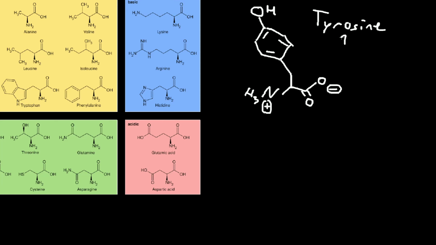Tyrosine has an OH in it, and similarly, tyrosine can be phosphorylated, and the phosphorylation is important for cell signaling and all of that.